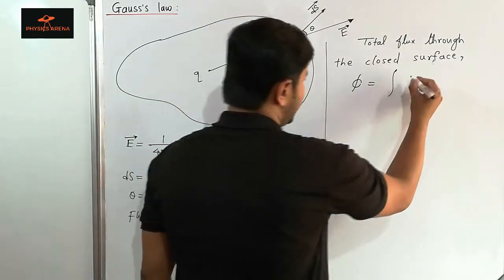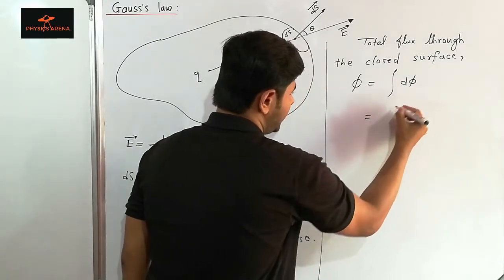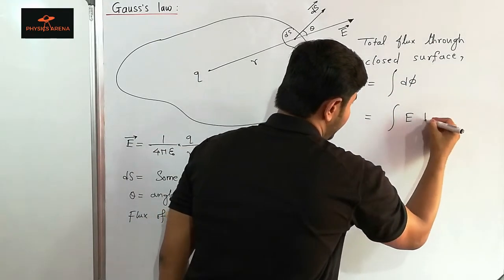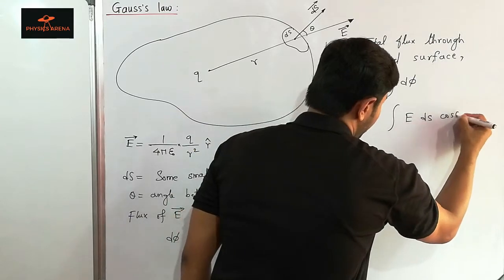So it is the integral of d phi, that is the integral of E ds into cos of theta.